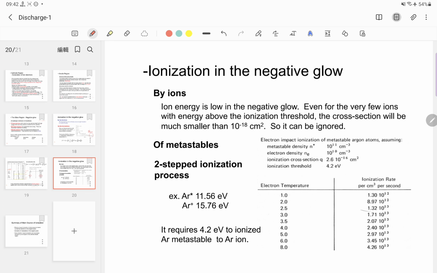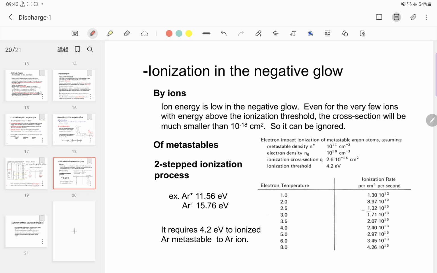But the ionization cross-section, in the first part, the nature of plasma, we have already known the probability of a successful reaction in plasma reactions is represented by the cross-section as a unit, the possibility of a successful collisional process.